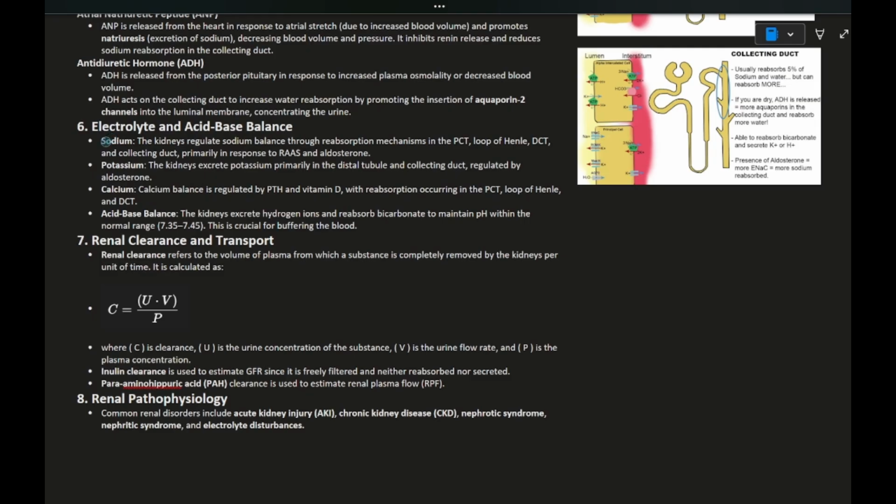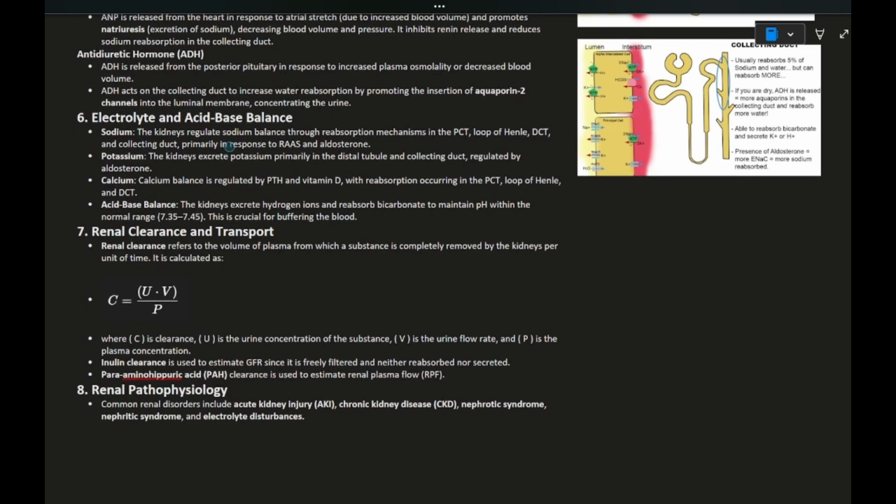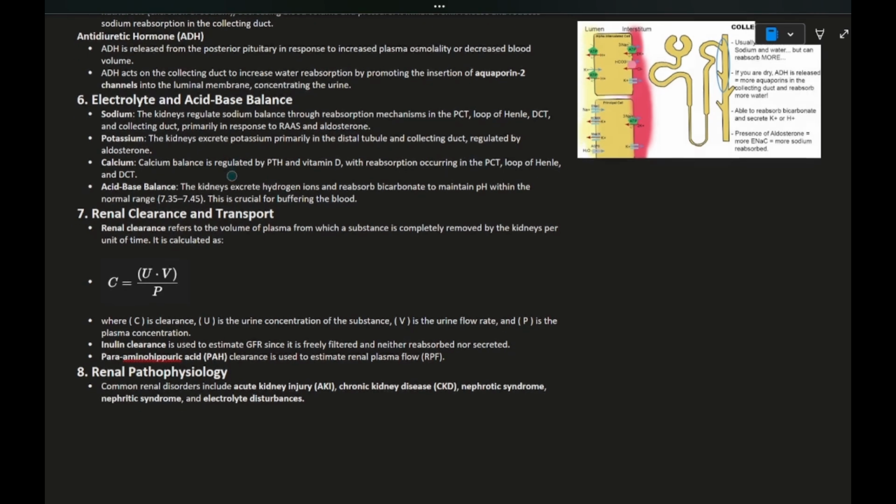The first and very important electrolyte is sodium. The kidneys regulate sodium balance through the reabsorption mechanisms in the proximal convoluted tubuli, the loop of Henle, the distal convoluted tubuli, and the collecting duct. This is primarily in response to the renin-angiotensin aldosterone system and then your hormone aldosterone.